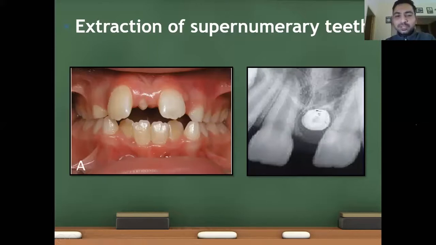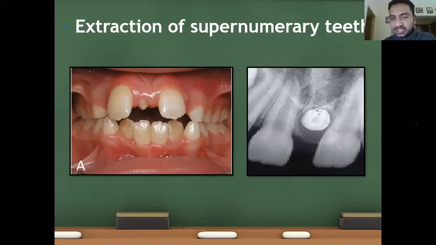If we can do this very early, when the child is in deciduous or let's say mixed dentition, these two teeth would approximate themselves and you don't have to do any orthodontic treatment. So you'll be preventing malocclusion in a way, and you don't need any fixed orthodontic treatment in later years of the child's life.